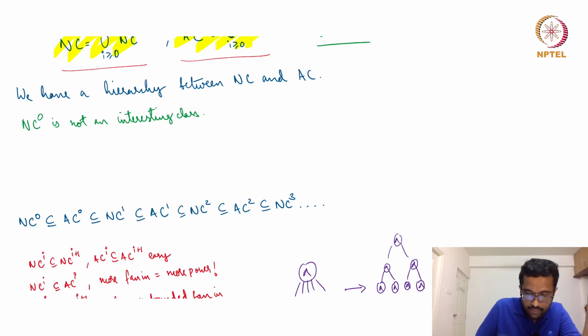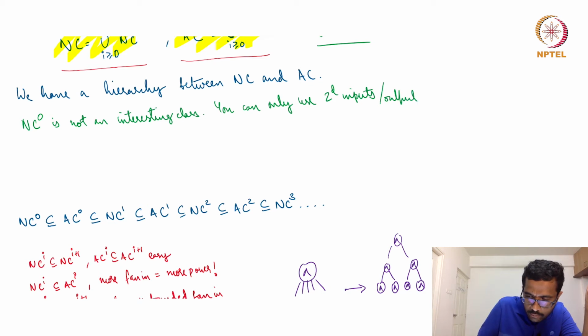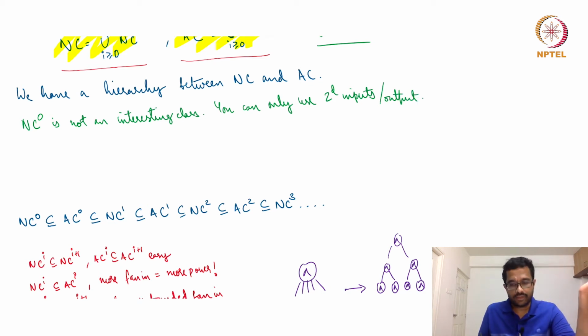So you can only use 2^d inputs for a certain output. Each output is a function of only 2^d inputs. So it is only looking at a constant number of inputs. Not much can be done using this kind of a setup. So NC0 is not very interesting.